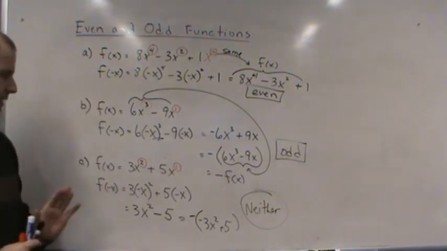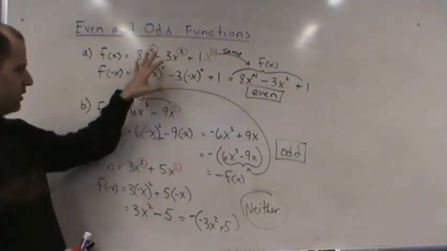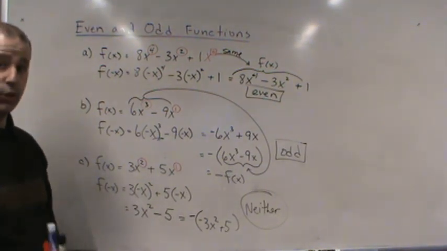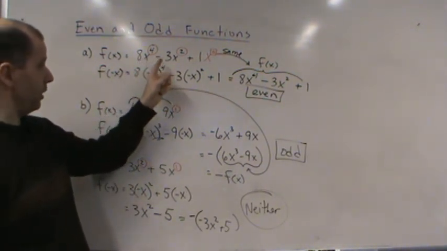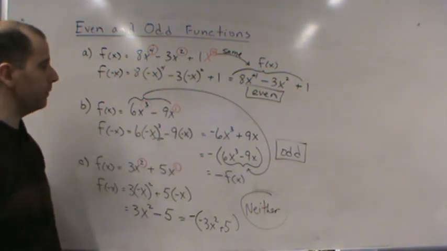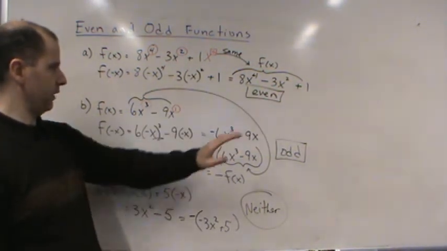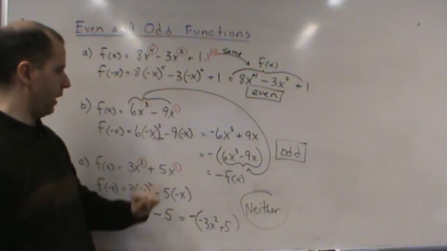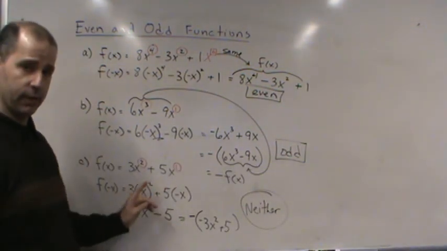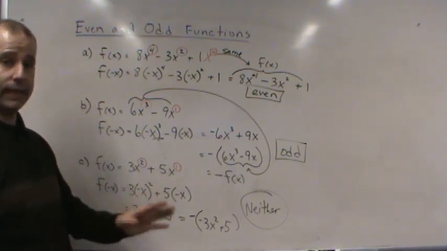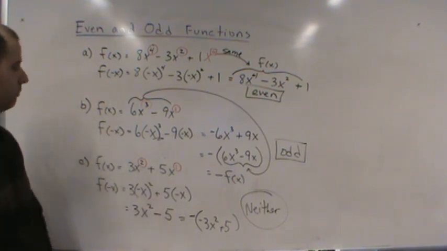So here's the takeaway. This is the way you do it algebraically, so make sure you know how to do it algebraically. But also, if you look at the exponents, if all of the exponents are even, then the function's even. If all the exponents are odd, then it's odd. If you have a mixture of even and odd exponents, it's neither. And that's it.